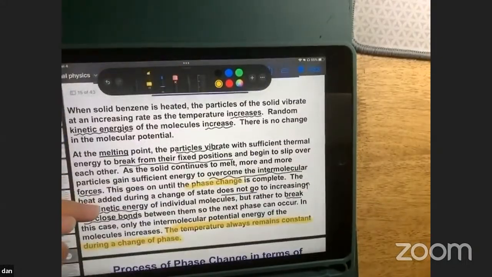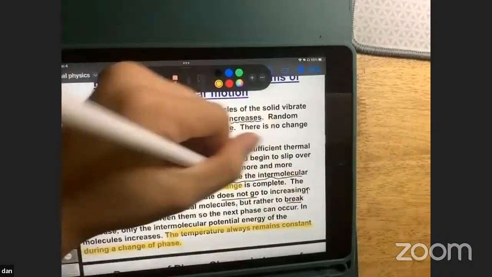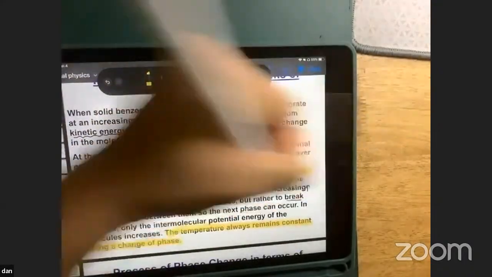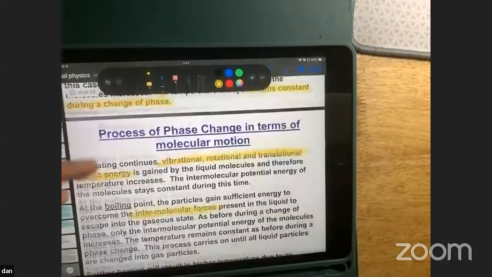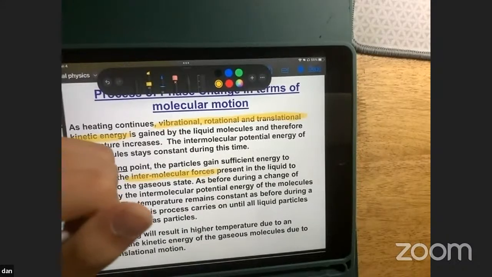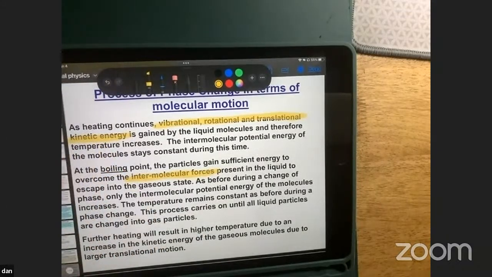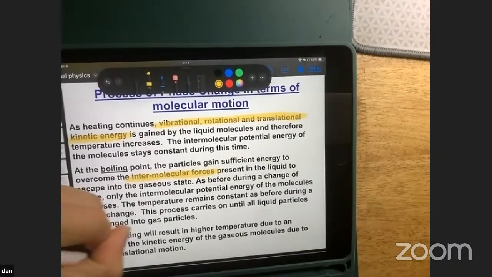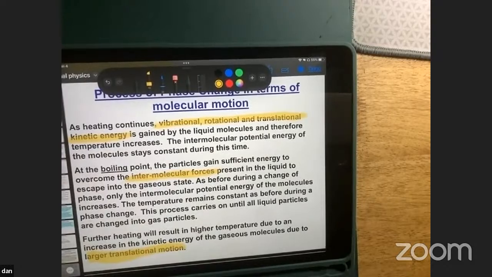To mention IMF. What does it mean by this? Like a larger translational motion?